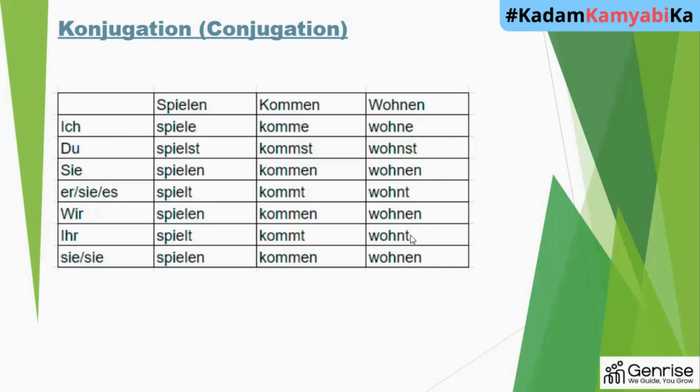Ihr wohnt. Sie wohnen. Please match the spellings and give yourself the marks. And you have to learn your mistakes. Whatever the takeaway is from your mistakes in the verb conjugation, please learn it properly.